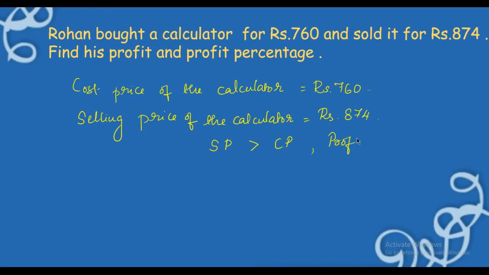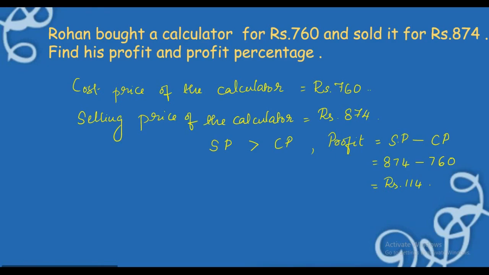And how can we find the profit Rohan got? It is selling price minus cost price. So 874 minus 760. When you subtract, you will get rupees 140. Now we need to find the profit percentage.